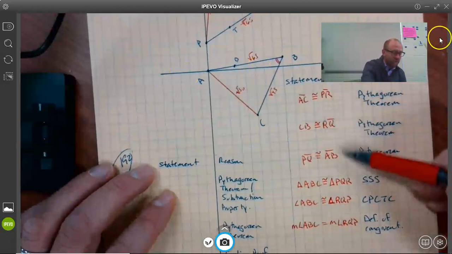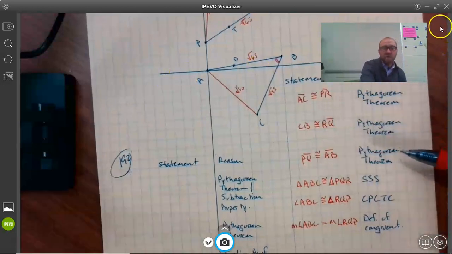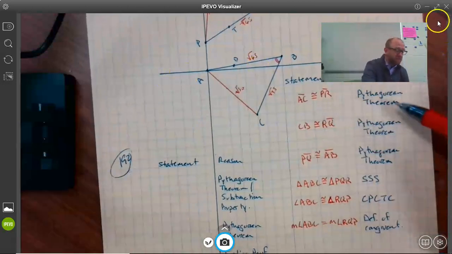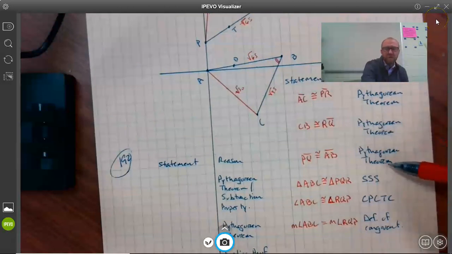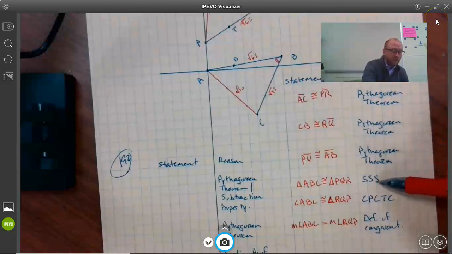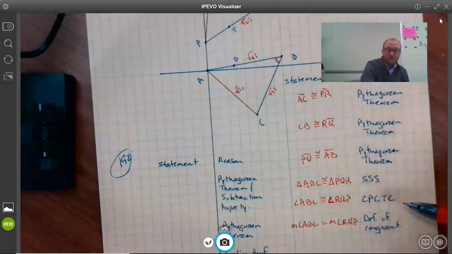Okay. So for the first three, in many proofs, you would just be given that kind of information. Here we just calculated it from Pythagorean theorem. Since all three sides from one triangle are congruent to three sides from the other, the two triangles are congruent by side, side, side. So knowing the three sides is enough to know that they're congruent. Once you know that they're congruent, we can say that particular corresponding parts of them are congruent.